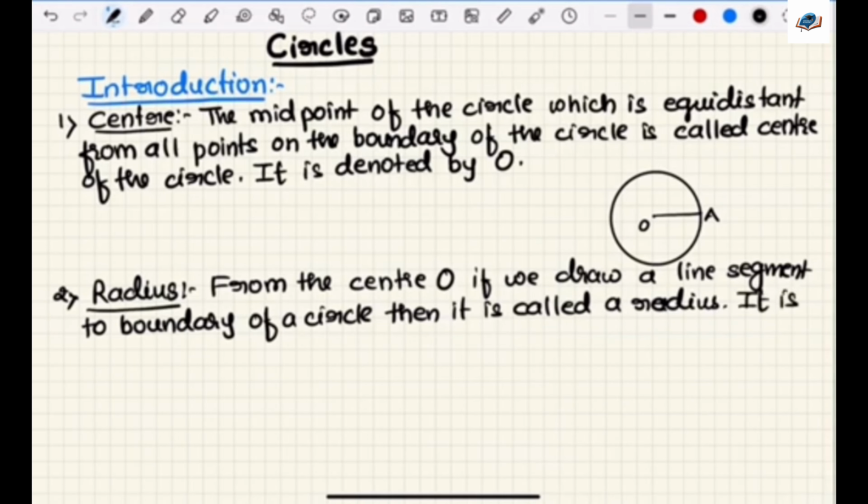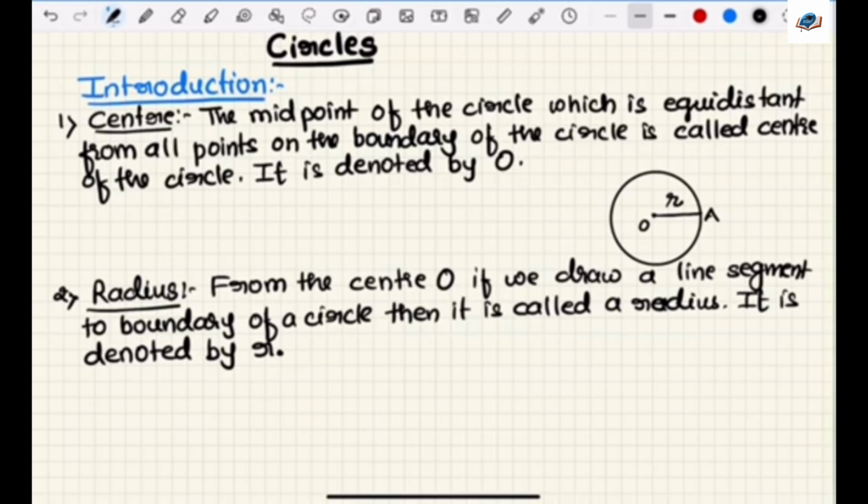It is denoted by R. Now, here in the figure I can say OA is my radius R.